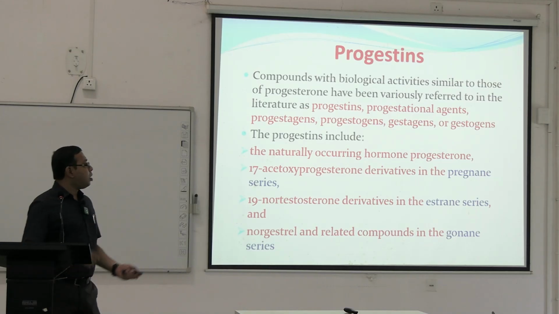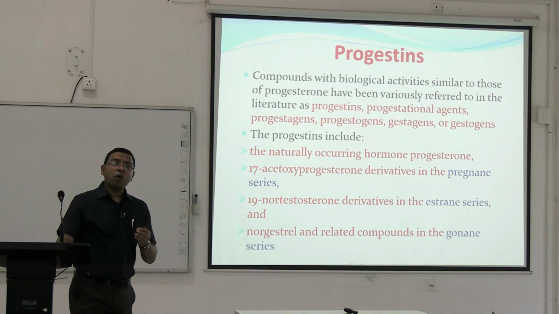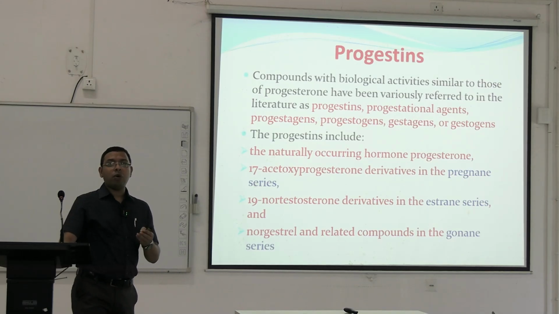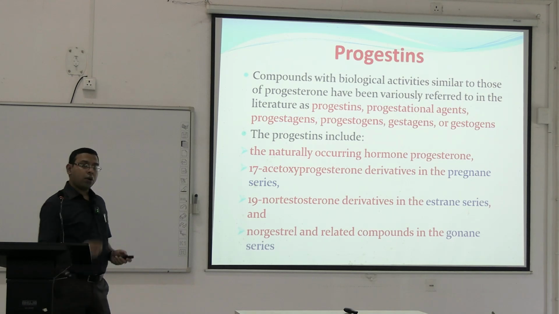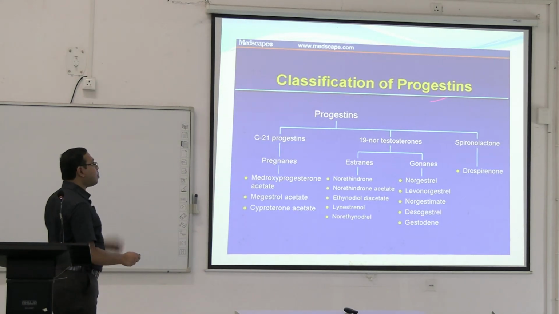So estrane, pregnane and gonane are the different series according to their chemical modifications of the original progestin, which is the natural progestin. So this is the classification of the progestins.